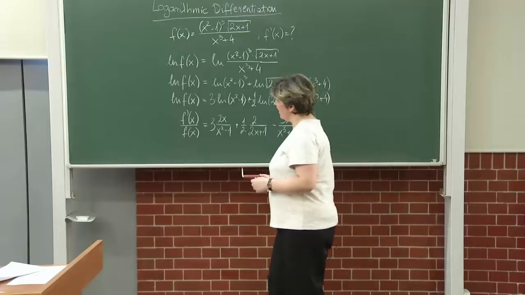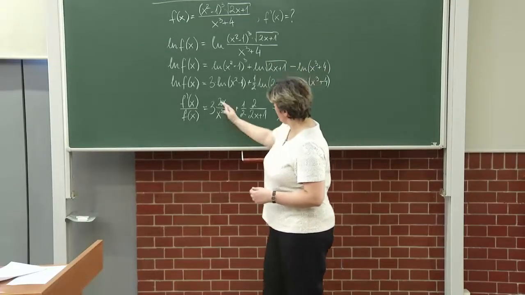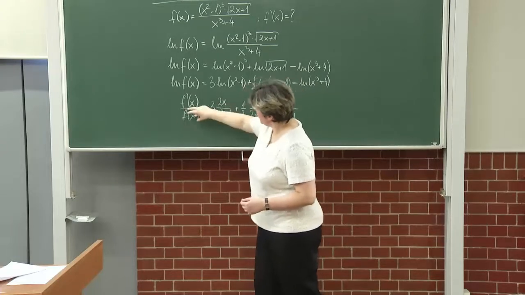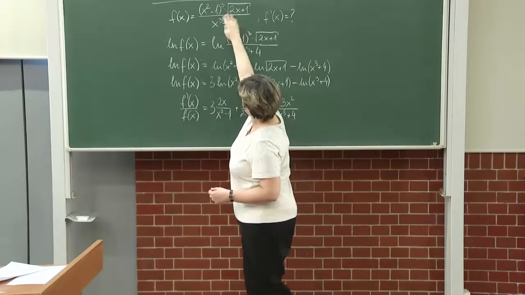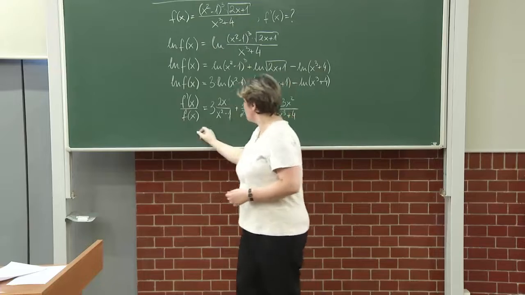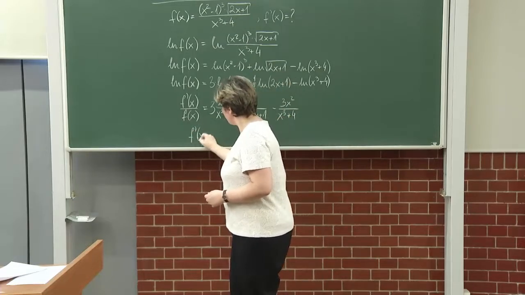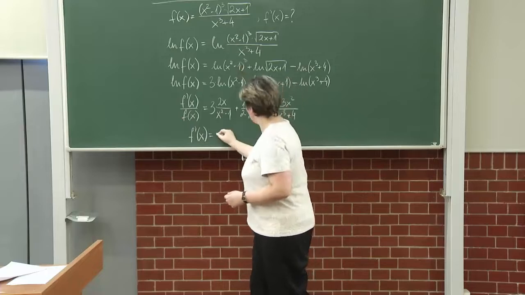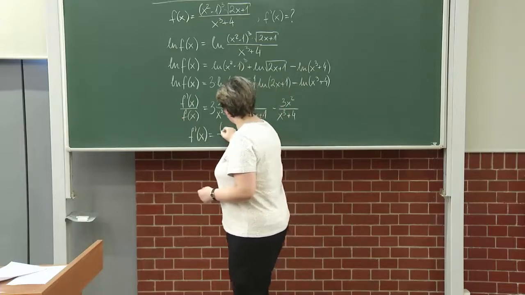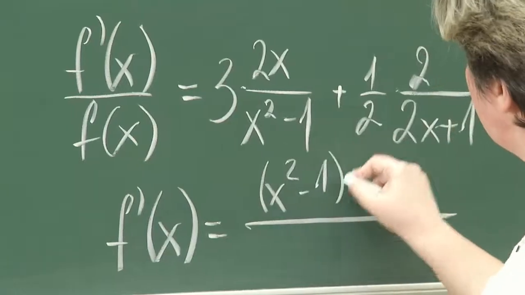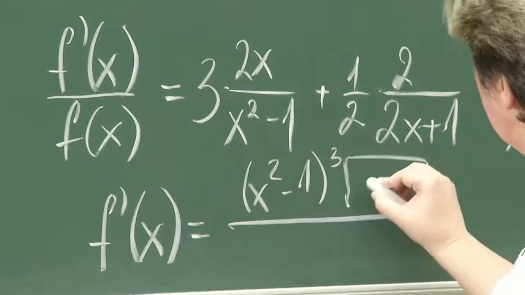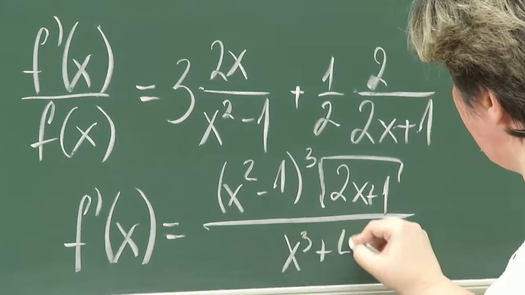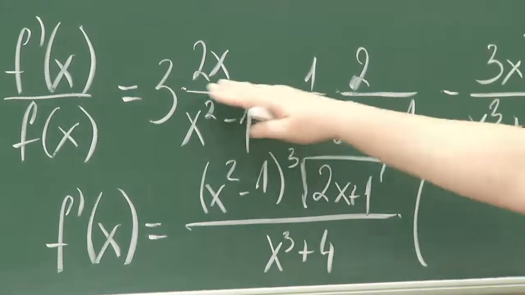So there is one step left. We now have to multiply everything by f of x to move it to the right and substitute our original expression for f of x. So we'll get f prime equals. Now I'll start with f of x, which is this whole big quotient, times this whole expression.